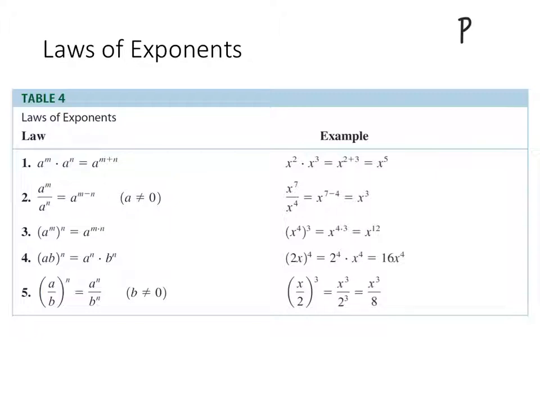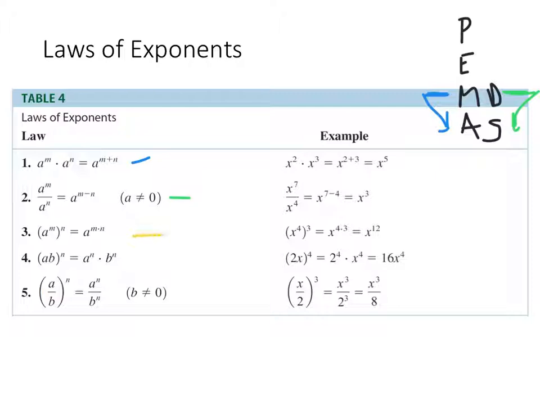Let's throw that up here. P, E, M, D, A, S. I like this representation because if you're multiplying two things with the same base, you step down and you add their exponents. If you're dividing two things with the same base, you step down and you subtract their exponents.